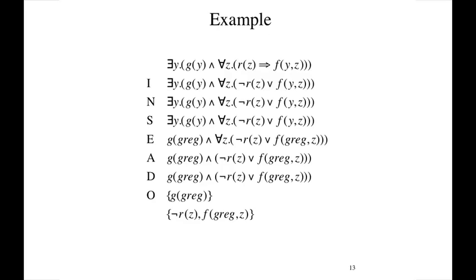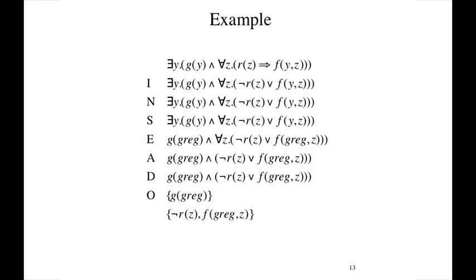Now, as an example of this conversion process, consider the problem of transforming the expression shown here to clausal form. The initial expression appears on the top line, and the expressions on the labeled lines below it are the results of the corresponding steps of the conversion procedure. On the I step, we get rid of the implication operator. The N step has no effect since the only negation in the sentence is already applied to an atomic sentence.